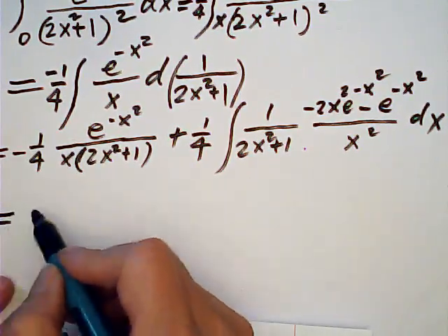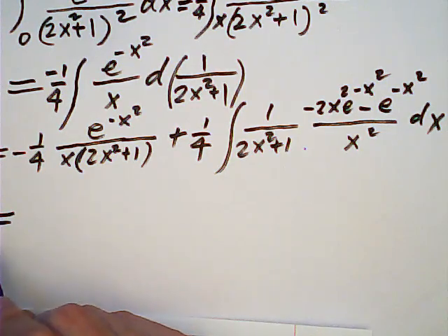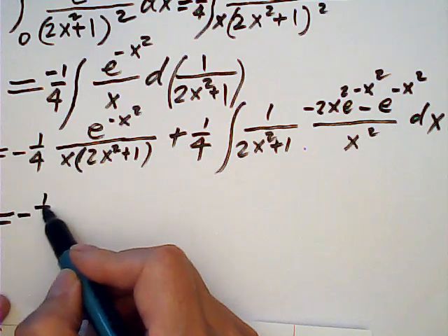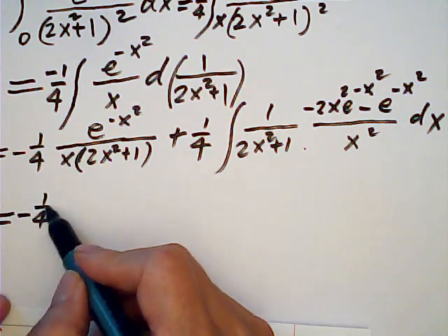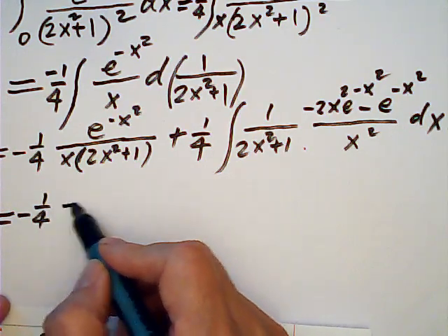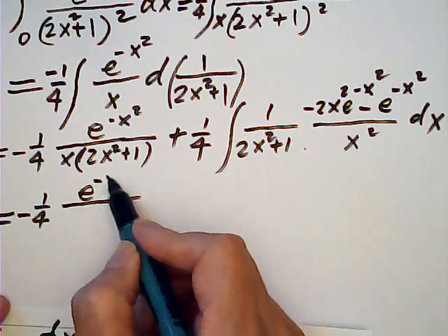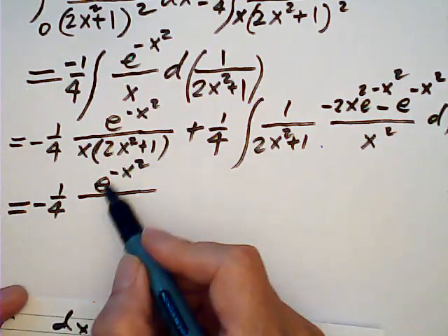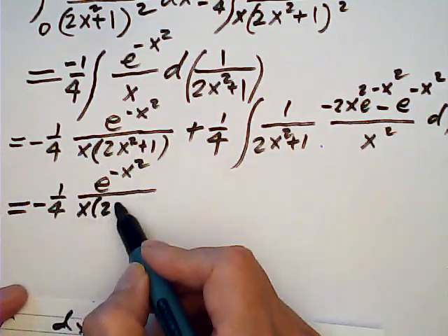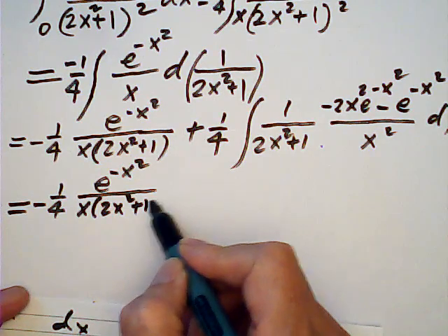So this one is equal to minus 1/4 e to the negative x squared times x times 2x squared plus 1.